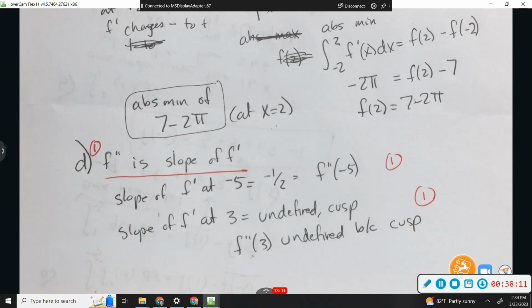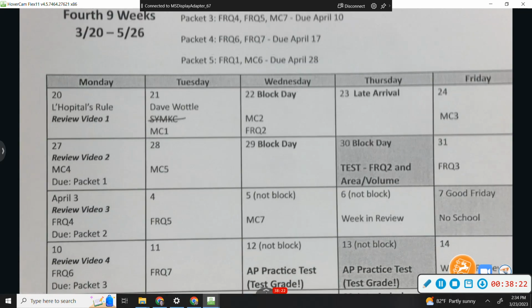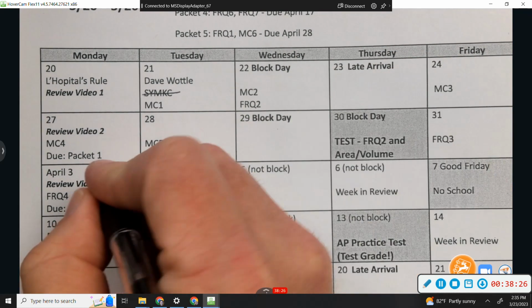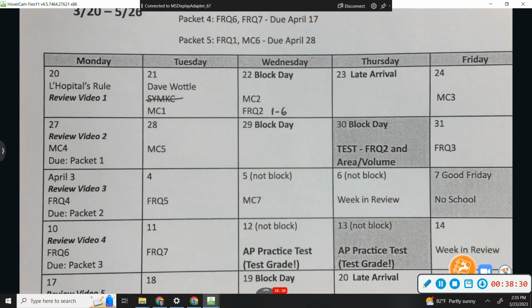Okay, let me tell you what I want you to turn in, or what's actually due on Monday, and then what's due today before you leave. So the packet's due Monday. On this FRQ, we're only going to do 1 through 6.